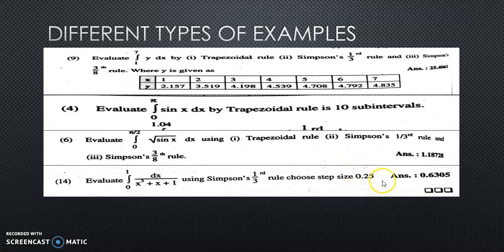Now what do you mean by step size? Step size is also nothing but h. h is the difference of the interval or length of the interval, also called the step size. So here h is given, a and b are given, the function is given. Using h, you can use the formula x(i+1) equals xi plus h.